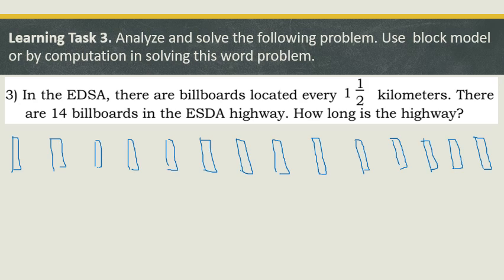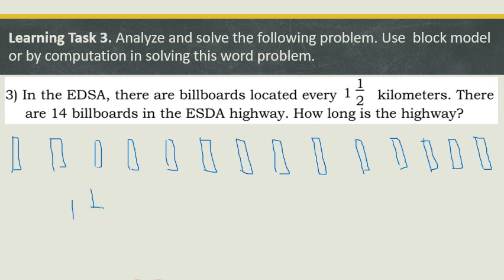Kada pagitan daw ng billboards ay 1.5 kilometers. So, ang pagitan nitong first billboard sa second billboard is 1.5. Ito rin, 1.5. So, ilang 1.5 to? Bilangin natin. 1, 2, 3, 4, 5, 6, 7, 8, 9, 10, 11, 12, 13. So, 13.